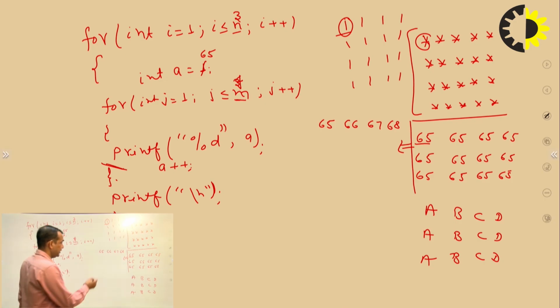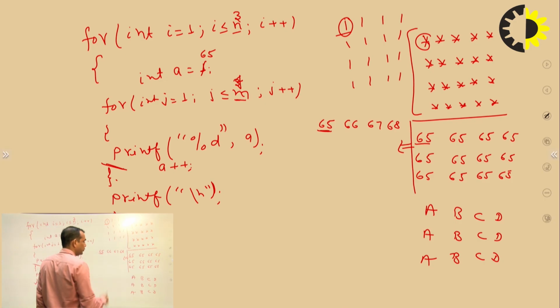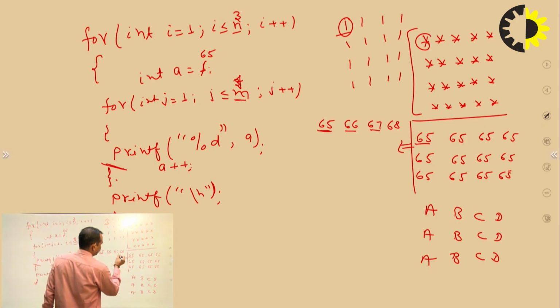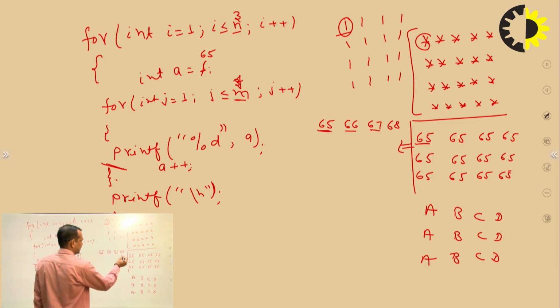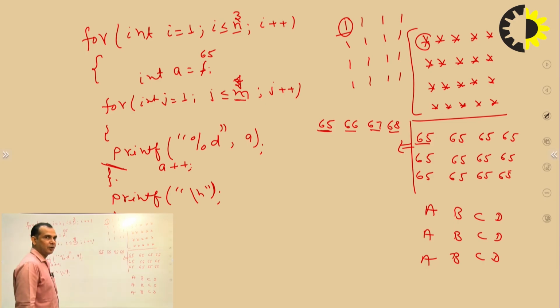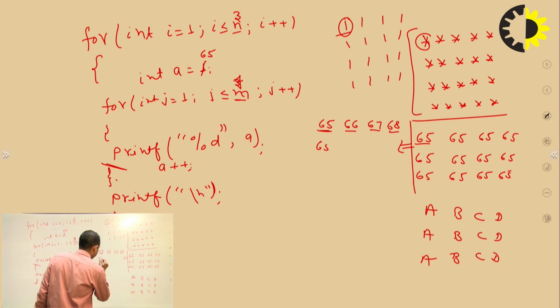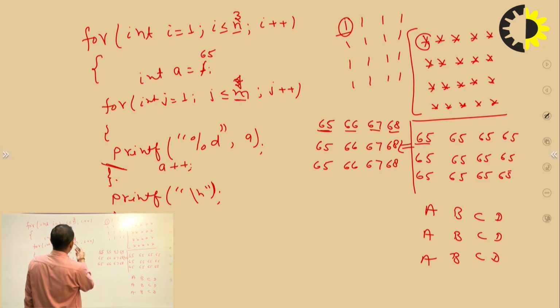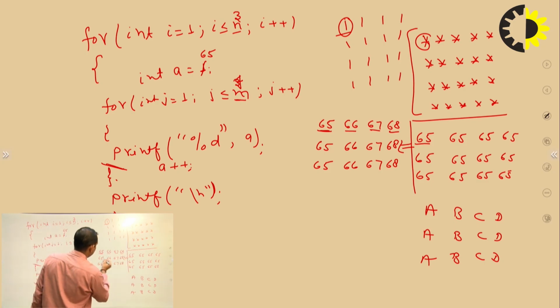So the first time it executes, it will print the value 65. The second time it increases the value of a to a plus 1, meaning 66, and this is printed. Next time the next value will be printed. Okay, and the same we repeat again and again. So if n equal to 3 and m equal to 4, it will print this pattern.